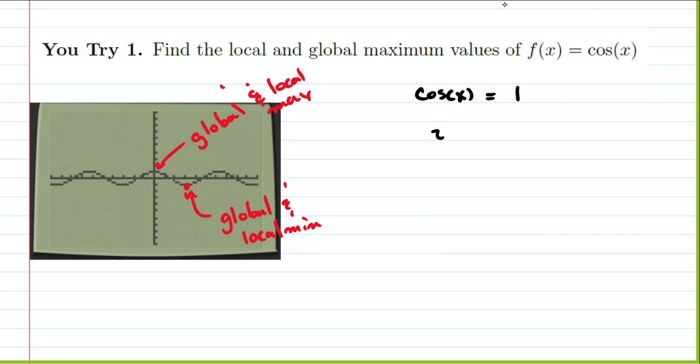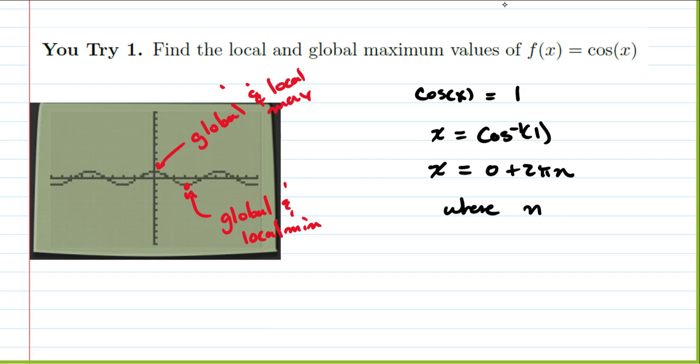So we take the inverse cosine of both sides, and we get the inverse cosine of 1, which is going to be, as we see from our graph, 0. But then it happens every 2 pi units, so plus 2 pi n, where n is any integer.